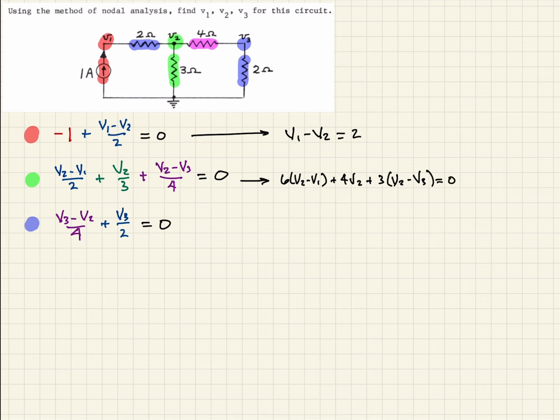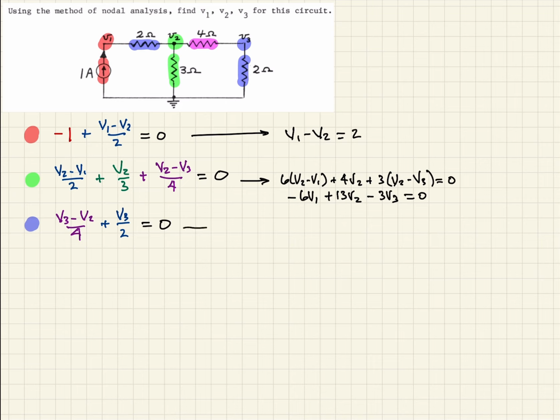Then if we collect all our like terms here, it's only 1 V1, so that'd be minus 6 V1. Well, 6 V2 plus 4 V2 is 10, plus 3 V2 is 13, so that's 13 V2. And then we'll have minus 3 V3. That's all equal to 0.